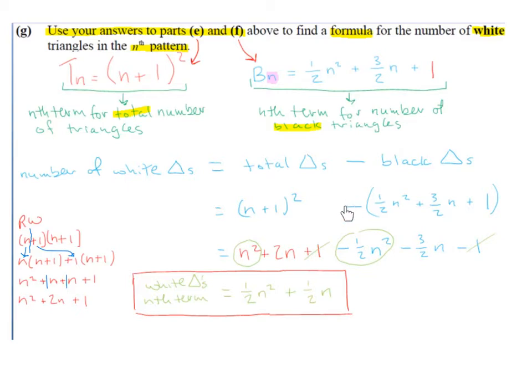Then we had a minus, and in brackets we had our formula for the black triangles, which we got up here. We got that in part F. So now what we have to do is multiply in this minus. So a minus times a half n squared is minus a half n squared. We just stick them together. A minus times plus 3 over 2n is minus 3 over 2n. And a minus times plus 1 is minus 1.